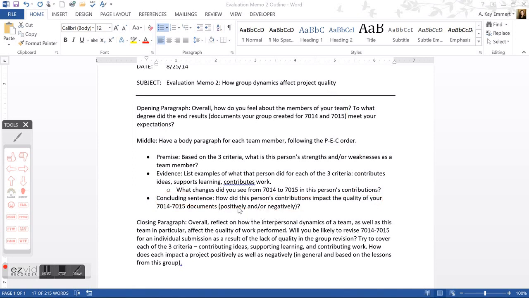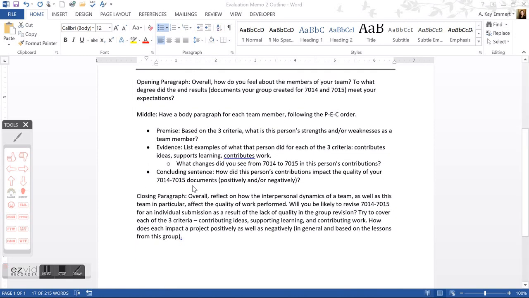Okay, so this is how you're going to make sure that this entire document is connected to that overall purpose. First, by having a thesis that introduces the topic, and then each body paragraph will be connected to it by saying how this person and their contributions affected the project quality. Okay. And that will be very important for your closing paragraph.